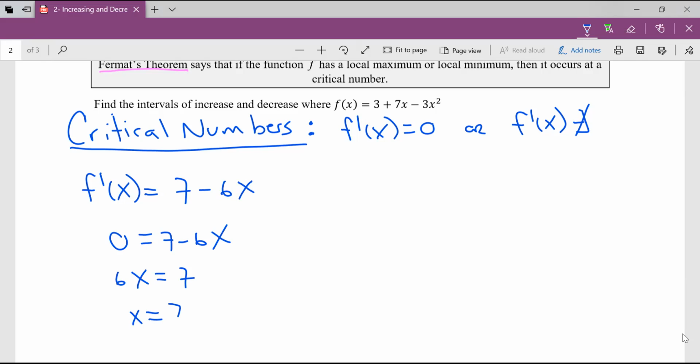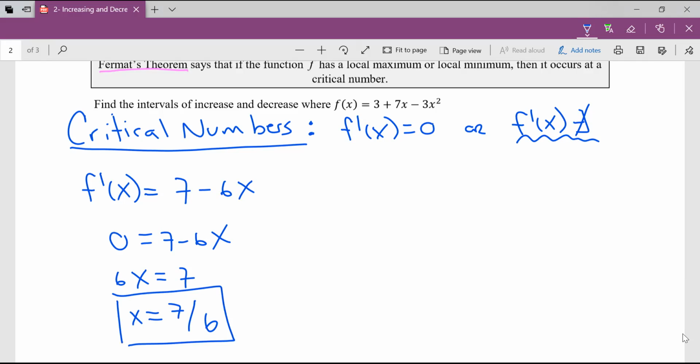So I have a critical number at 7 over 6. That's where the derivative is equal to 0. What about where the derivative doesn't exist? I don't have to worry about that because my derivative is a linear function. It exists everywhere. So there's our only critical number, x is equal to 7/6.